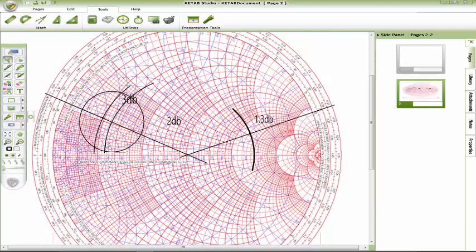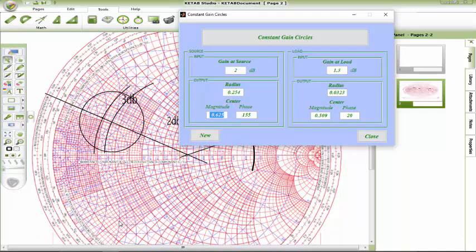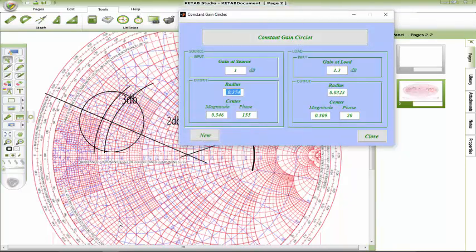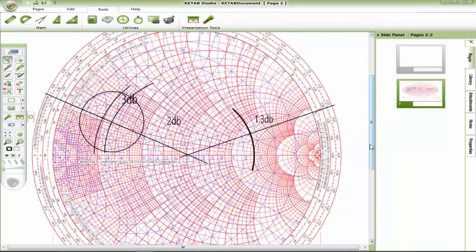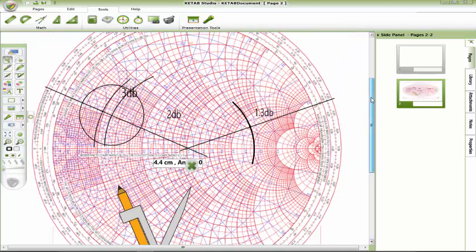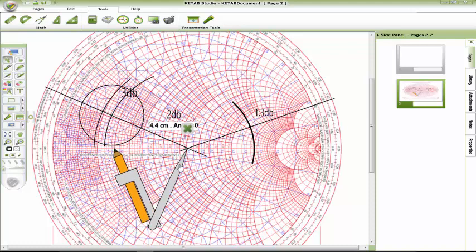Okay, then we put 1 dB. We have another circle with radius 0.37 and magnitude 0.54. We take the compass, put it here at 0.54, put it here and make another bow.